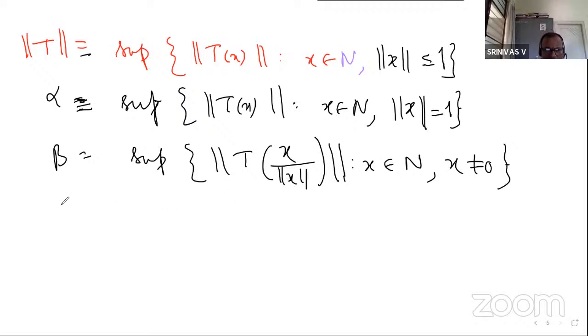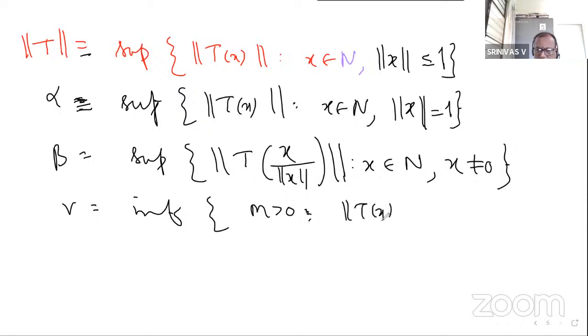And we define gamma to be the infimum of M positive such that norm Tx is less than or equal to M times norm x, for all x in N. This speaks about the positive constant M for which norm Tx is less than M times norm x, meaning you are starting with a bounded linear map.